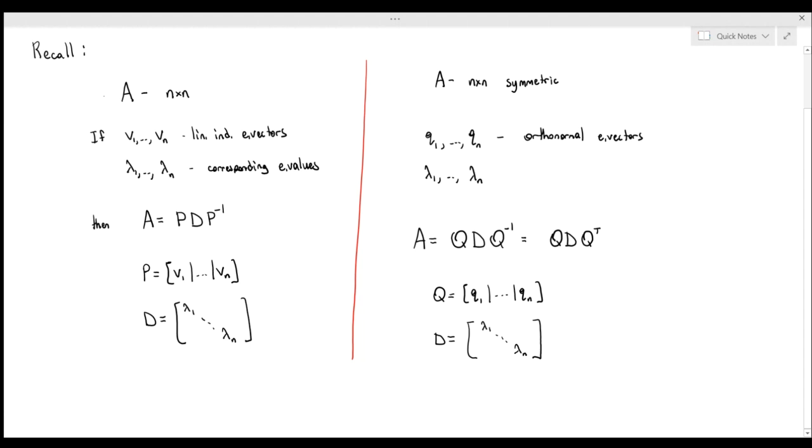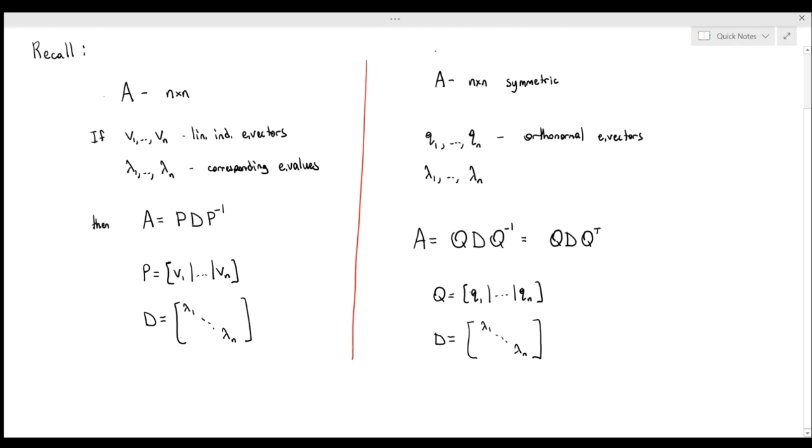And then symmetric matrices were a little bit special. If it's an n by n symmetric matrix, you are always able to find n orthonormal eigenvectors. So if you use these orthonormal eigenvectors, you can diagonalize your matrix as usual.